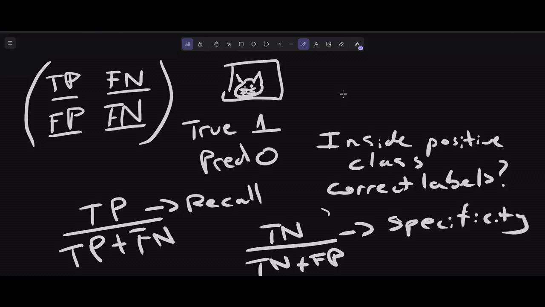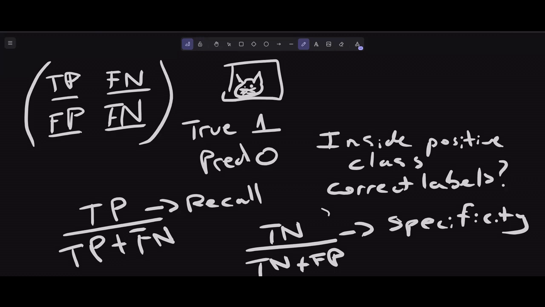Should be an F, specificity. Now this one, again, is not as popular as recall, but it's important to know, and it's very similar. It conveys kind of the same idea. So armed with this knowledge, we can have an idea of what performance metrics we have and how it is that they give us information about our model.